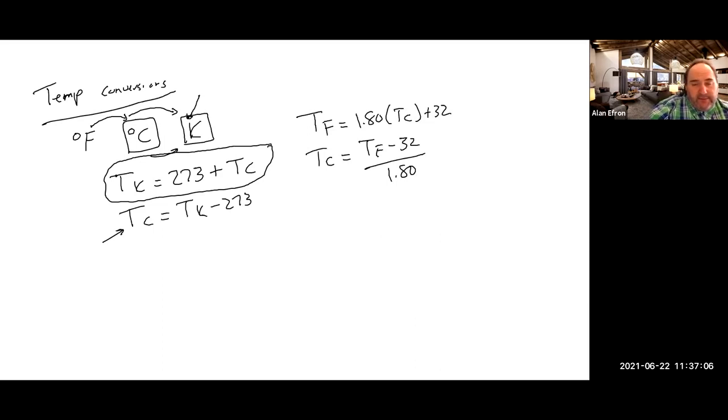Because there is a variety of numbers you could use to do these conversions, including that most people just use 273 instead of 273.15, there is a special thing that we do when we're talking about conversions of temperature and temperature alone.